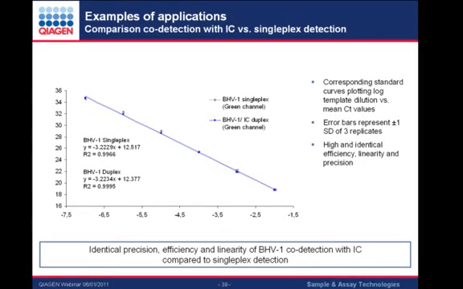The corresponding standard curves show that the precision, the efficiency, and the linearity are very high, and they are also identical for BHV co-detection with the internal control in comparison to the singleplex detection. You can see again here the blue duplex curves overlaying the gray curves for the singleplex detection. The error bars represent plus minus 1 standard deviation here, and they're smaller than the data points in most of the cases. That's why you can't see them.